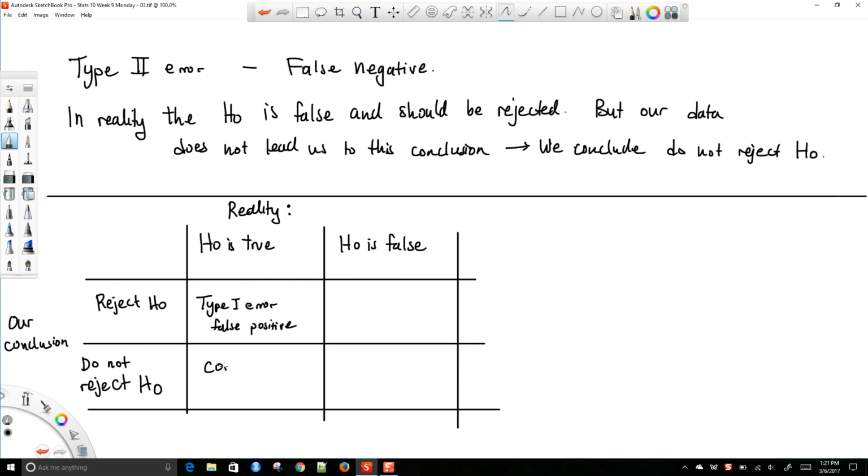This is the correct decision. Okay. If the null hypothesis is false and we have chosen to reject the null hypothesis, that is also the correct decision. Okay. And then if the null hypothesis is false and we choose not to reject the null hypothesis, this is called a type 2 error. This is our false negative.